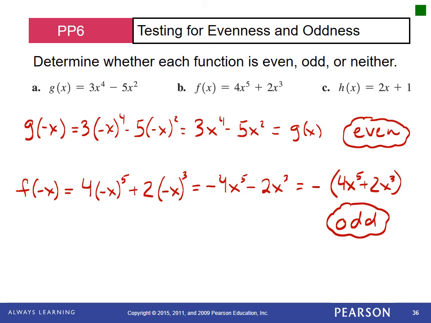For B, we're going to plug in a negative x. If you want to, go ahead and try it if you can.